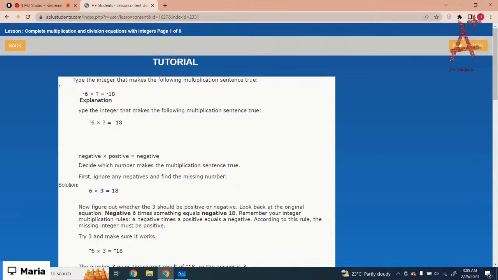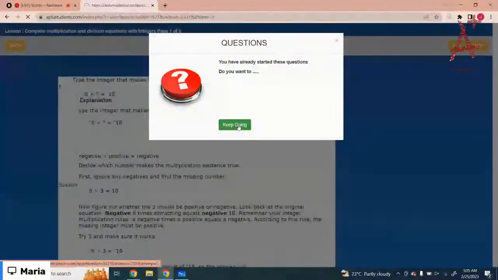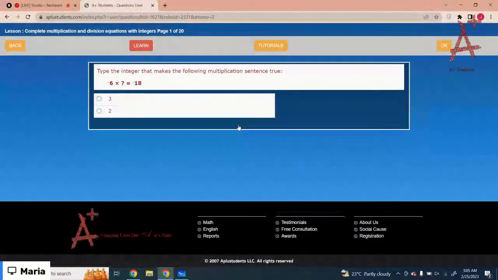Okay, let's start with the test questions. The next one is the same as what we just did in the tutorial. Negative 6 times missing number equals negative 18. So 6 times what number is 18?